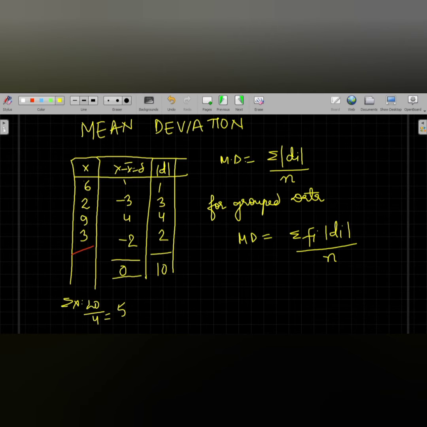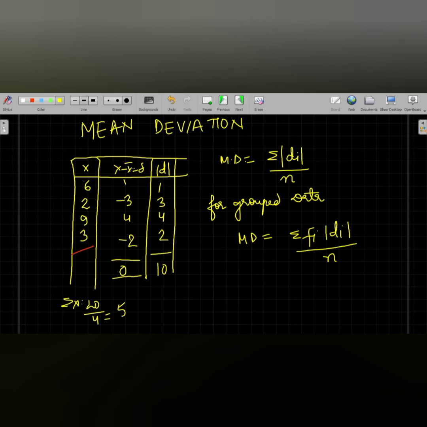I have told you, if you have not watched the previous video on central tendency, just go through that. There I have told you that adding all the deviations from the mean equals 0. This is the property of the arithmetic mean.